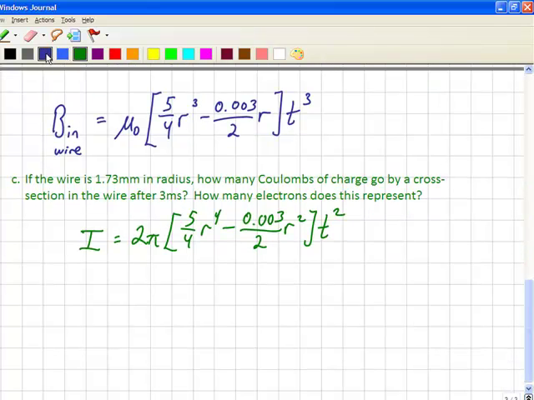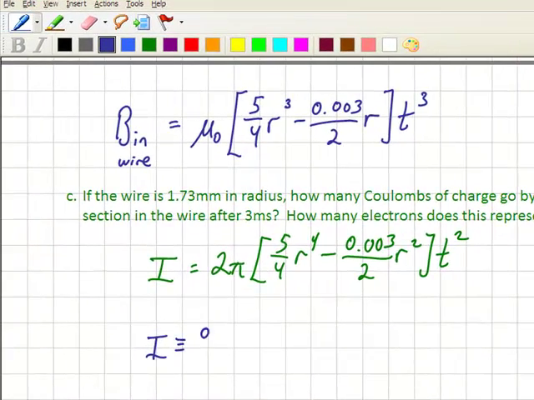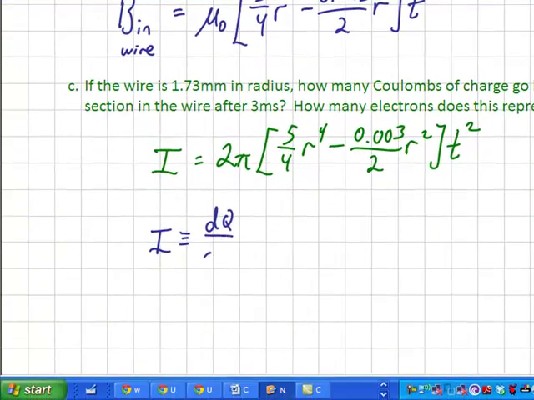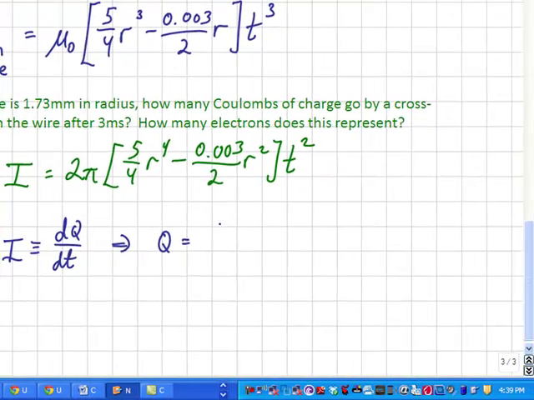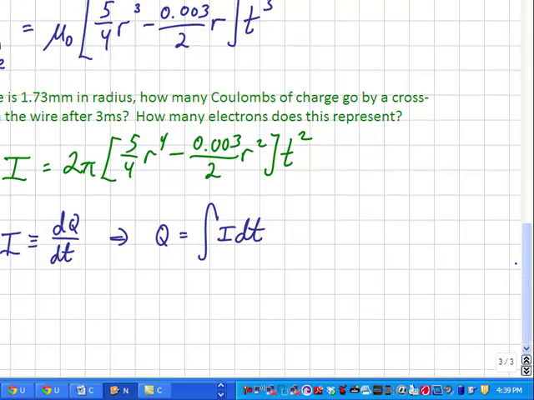We also remember that current is defined as the amount of charge that goes by per time period, so it's dq dt. If we're trying to find the charge, that's going to be the integral of I dt by doing a little bit of rearrangement. And that means we need to integrate the above function.